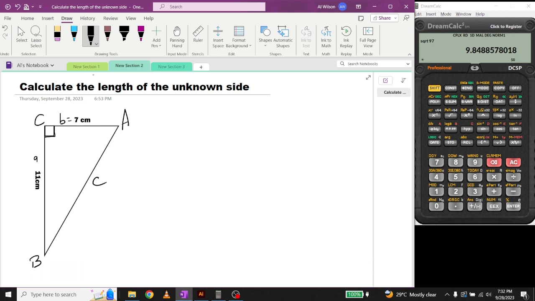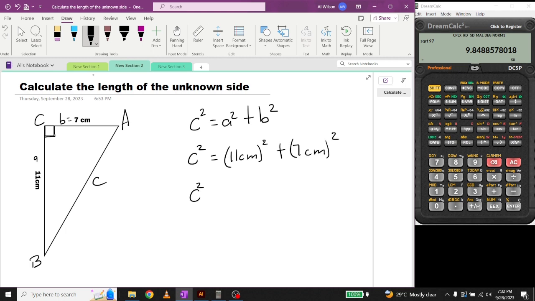So making use of our formula, C squared is equal to A squared plus B squared. So C squared is equal to, our A in this case is 11 cm, we're going to put it in a bracket, squared plus our 7, which is for B, cm squared.